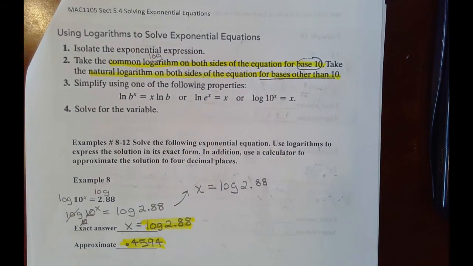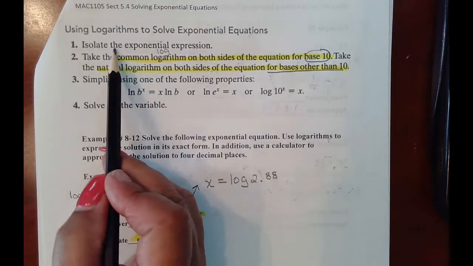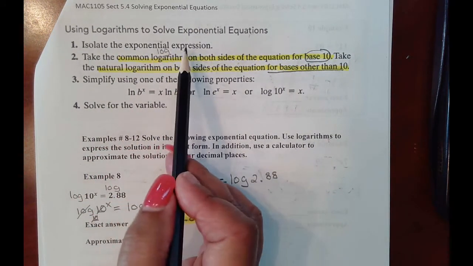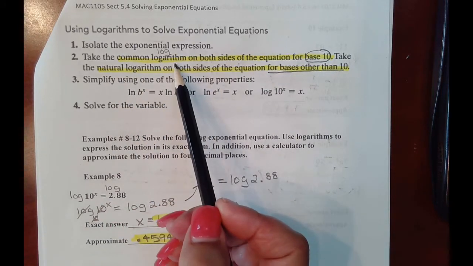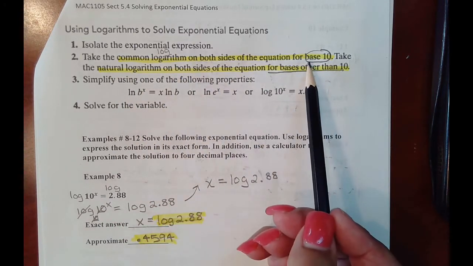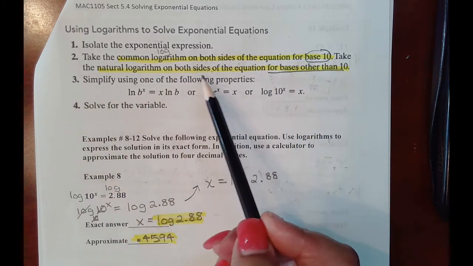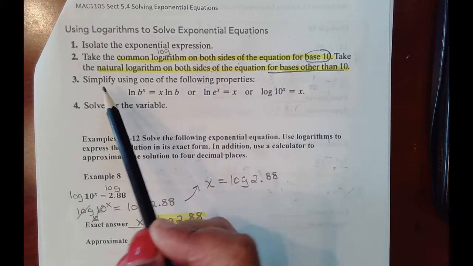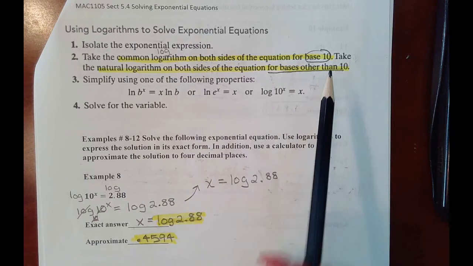It said, just like I commented a minute ago, that you need to isolate the exponential expression first. The base raised to the exponent has to be isolated, no multiplier. And then as far as taking the log of both sides, you will take a common log if the base of your exponential expression is a 10. But if it's any other kind of base, you'll take the natural log on both sides of the equation for bases other than 10.